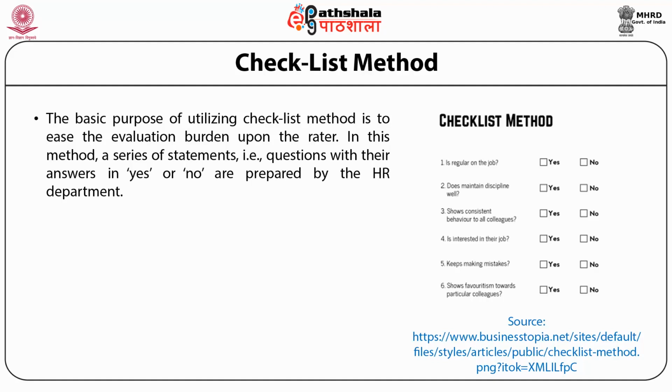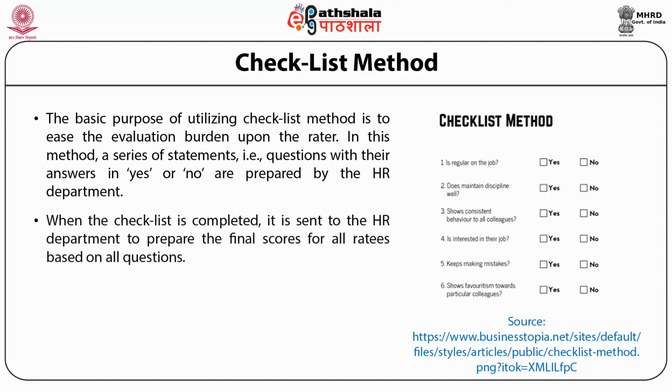These questions are concerned with the employee behavior. Each question carries a weightage in relation to their importance. In this checklist method, when the checklist is completed, it is sent to the HR department to prepare the final scores for all ratees based on all questions.